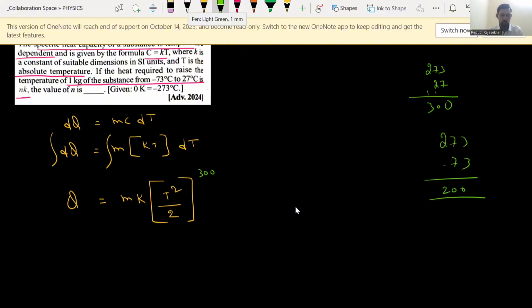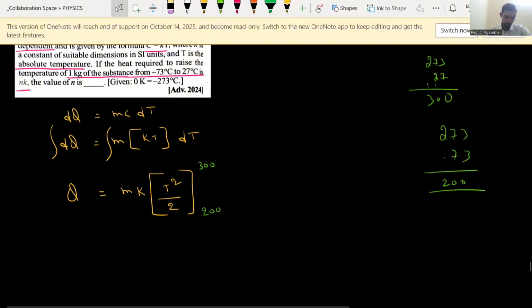In the question, you see the last line, minus 73 degrees centigrade to 27 degrees centigrade, we need to raise the temperature. To raise the temperature, how much amount of heat do we need to supply? And here the condition is the specific heat capacity is not constant, it is changing for the given substance. That's why we are applying the integration method. Clear? So 300 is the upper limit and initial is 200.